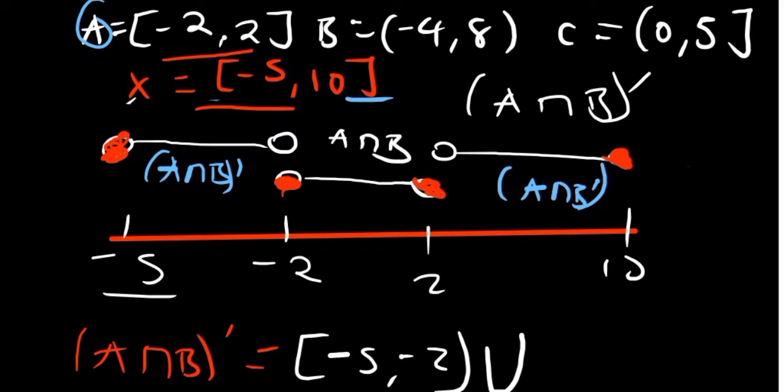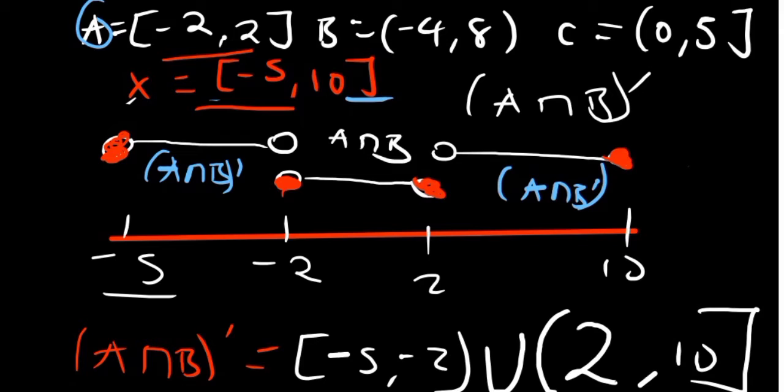Then the upper part, 2 is not part as well, all the way up to what? All the way up to 10. Are we clear there? Have we followed?